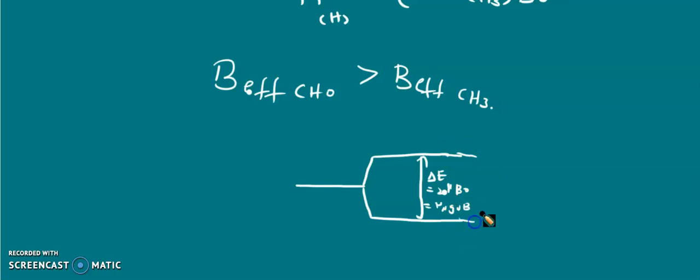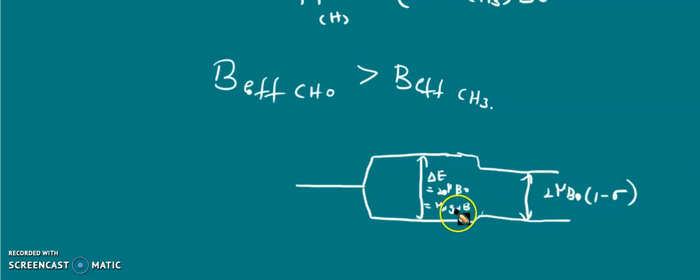Then B0 is replaced by B effective, which is B0 into 1 minus sigma, which is less than B0. That means the effective separation distance decreases. The effective separation is now 2 mu B0 into 1 minus sigma, or mu n Gn into B0 into 1 minus sigma. Anyway, it is decreased by a factor of 1 minus sigma.